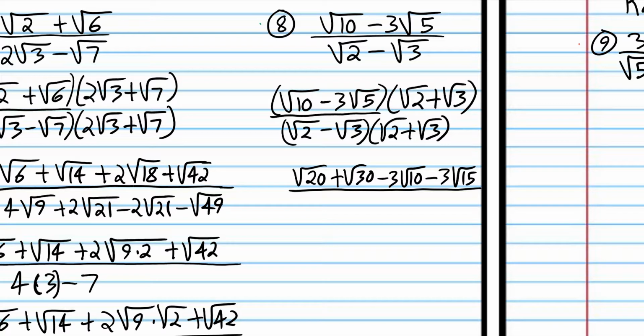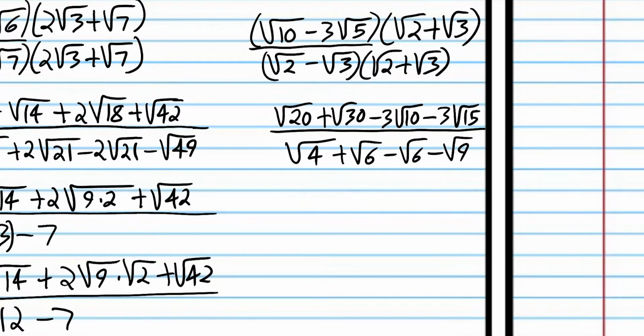And then we have root 4 plus root 6 minus root 6 minus root 9. And at the top, we can't really do much except pull out a perfect square out of that 20.